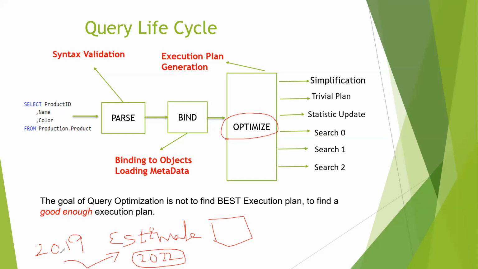But for now, whatever plans the optimizer generates are estimated plans stored in the plan cache. If you retrieve the plan from the DMVs or from Query Store, or from any traces that you enable, it is an estimated plan, not the actual plan. Okay.